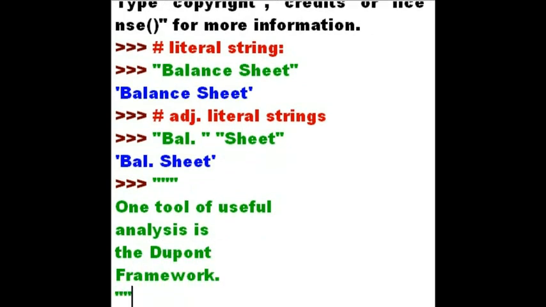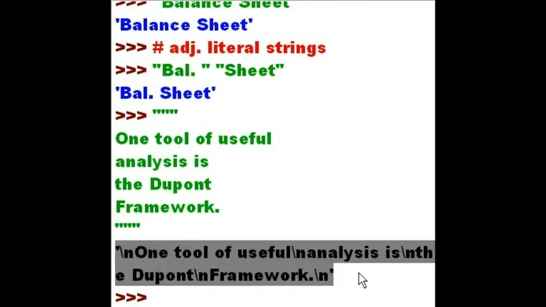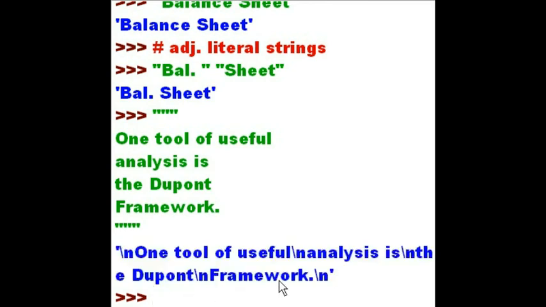I close it off. 2, 3. Hit the Enter key, and notice how the system will put in its own carriage return line feed escape characters, \n. Did it do it just that once, or has this always happened? That pretty much always happens.